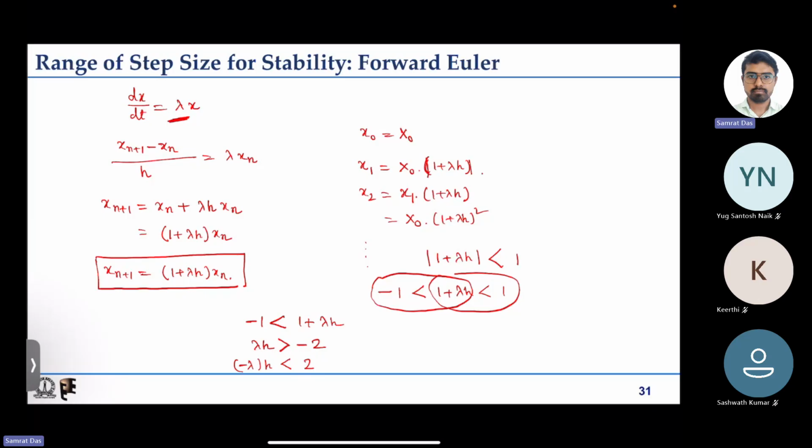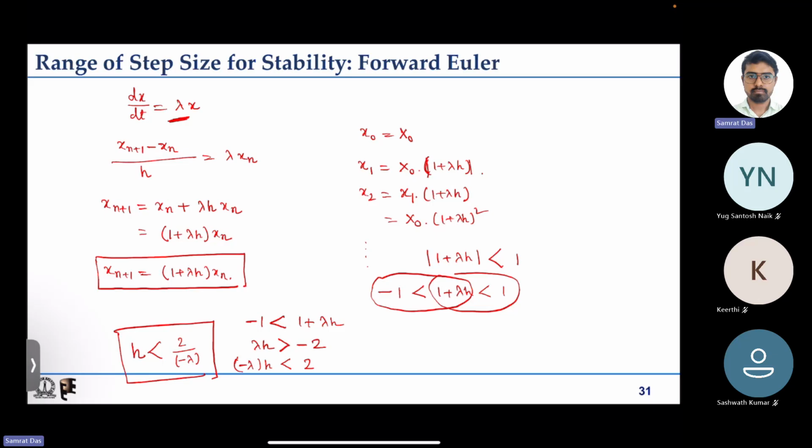That is why I am taking minus of lambda as a positive quantity. So this tells us that h has to be less than 2 by minus lambda, so the step size has to be less than 2 by the mod of lambda.